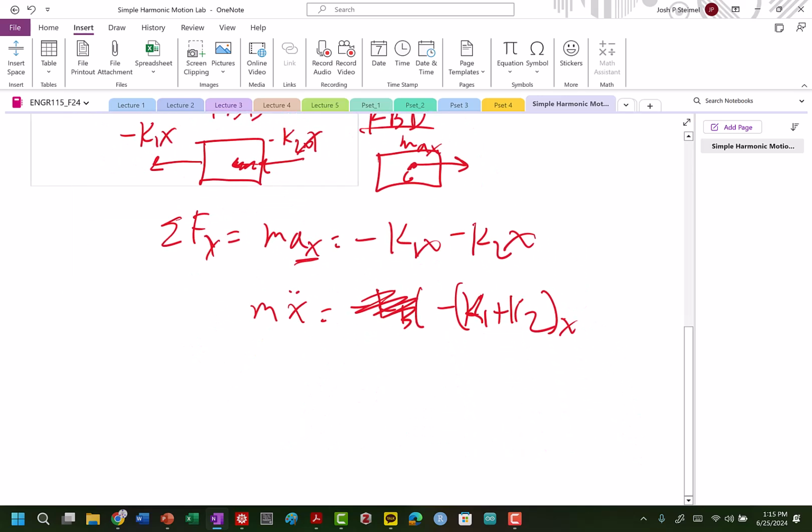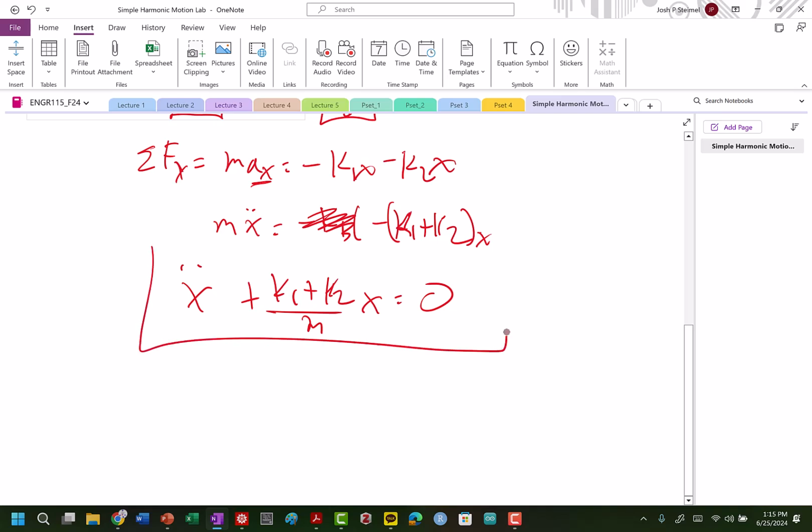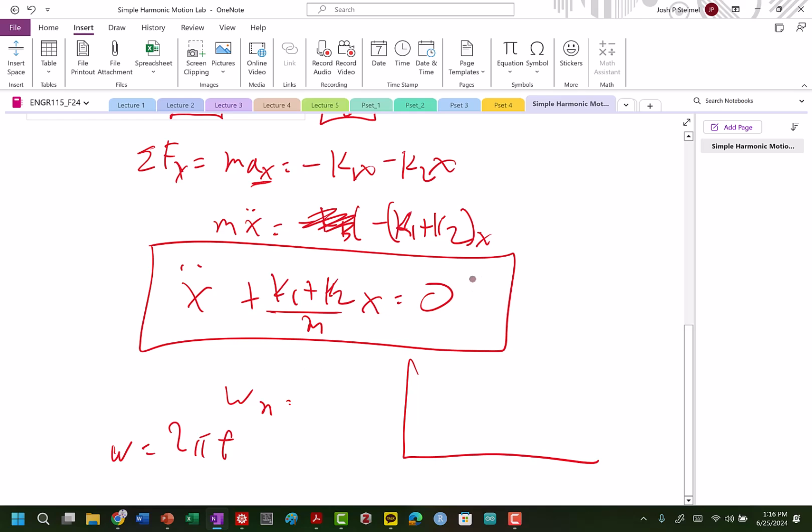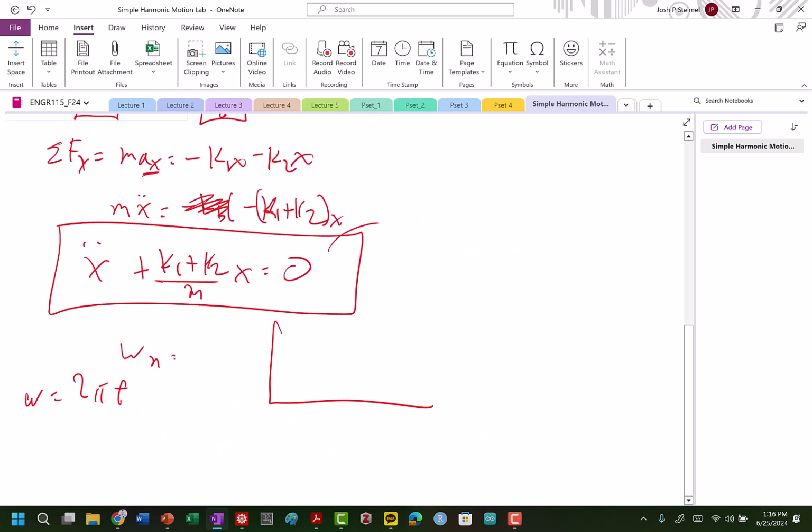We can bring that over, and we can see our natural frequency now. We can say that x double dot plus K1 plus K2 over the mass times x equals 0. We know that in this form, which we've worked with before, our natural frequency omega, and remember, omega equals 2 pi f, has a sinusoidal solution.